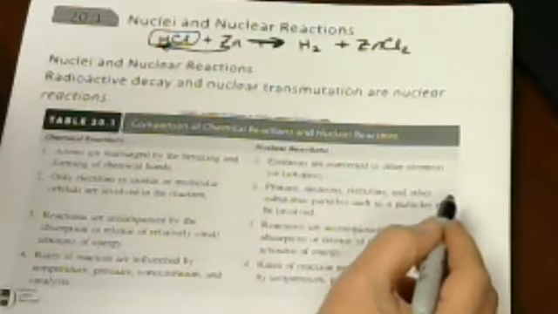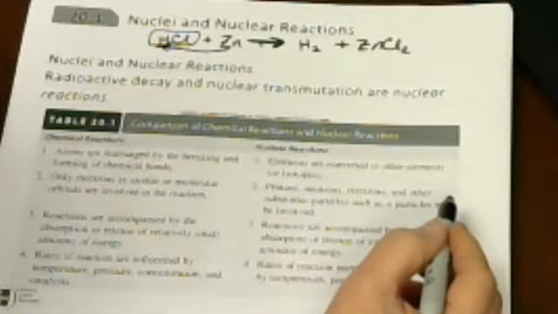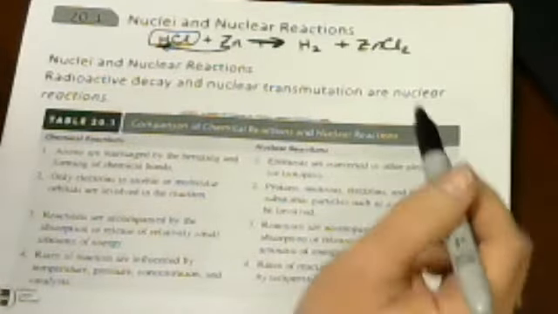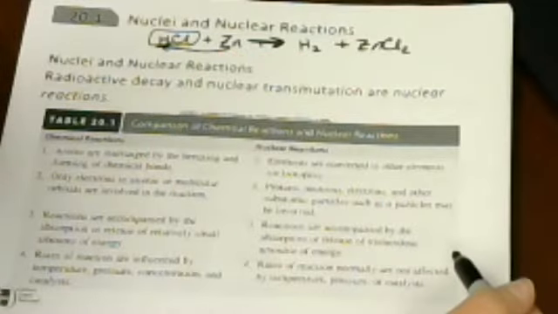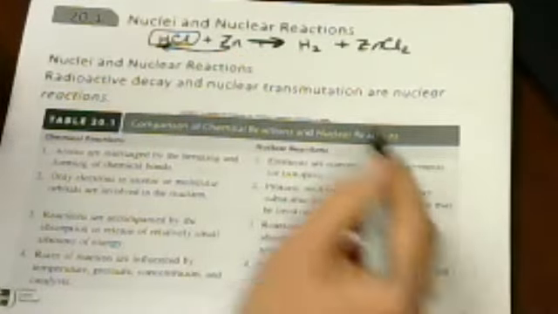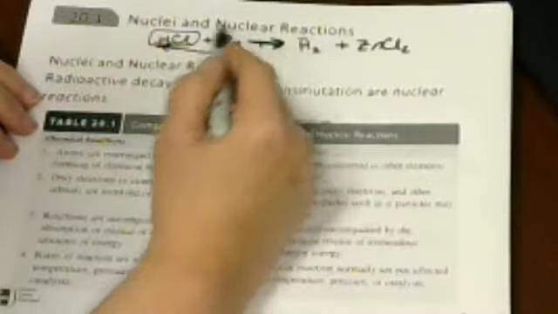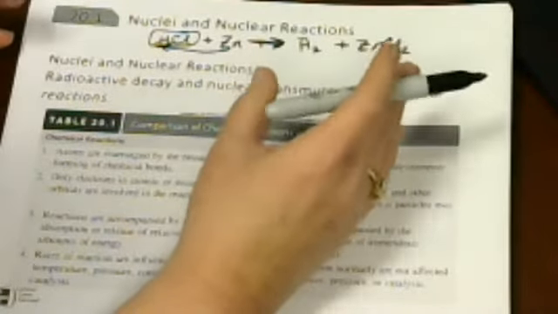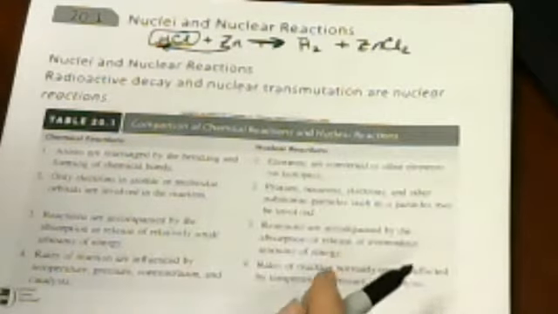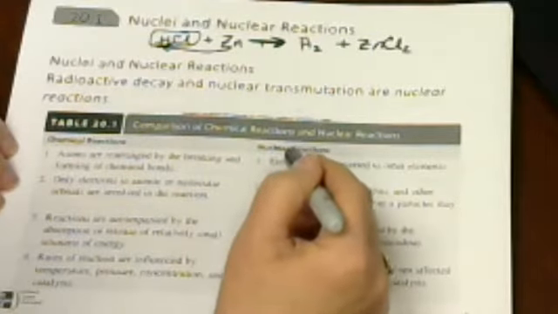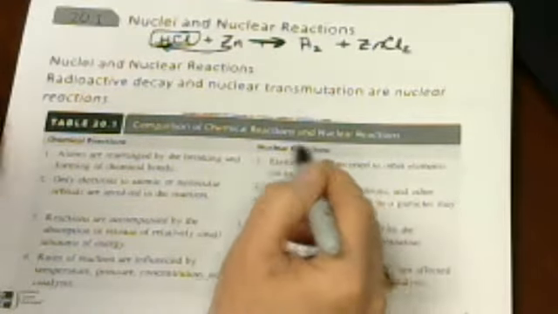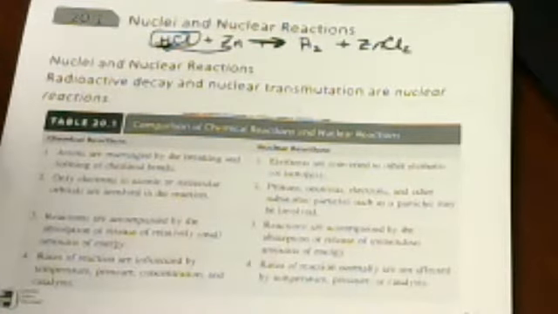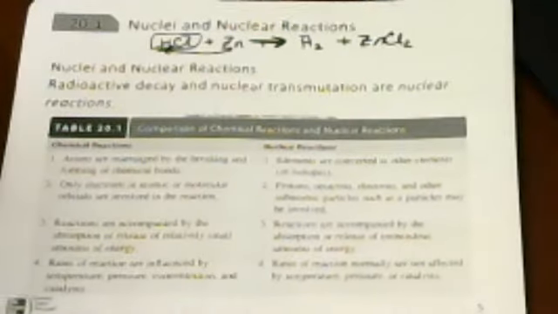But in nuclear reactions, those bonds aren't broken. It's actually in the nucleus that these take place. In the chemical reaction, hydrogen stayed hydrogen, chlorine stayed chlorine, zinc stayed zinc. Those elements stayed themselves. But in nuclear reactions, the actual elements change into new elements, different elements or isotopes.